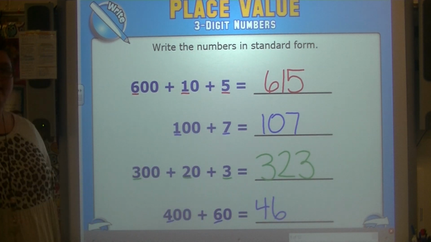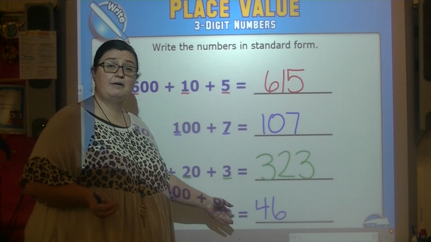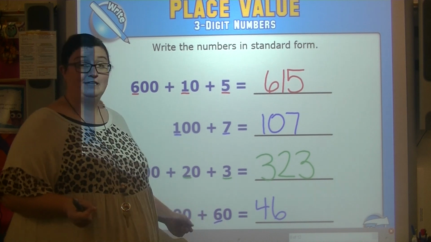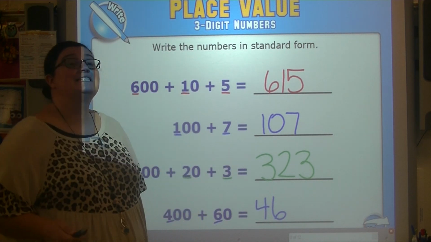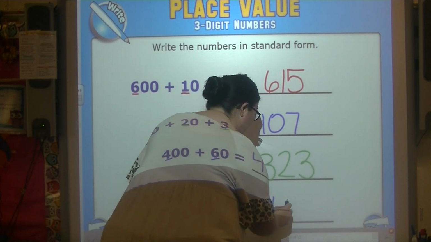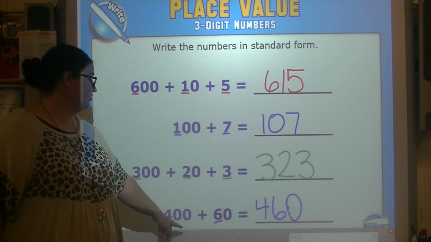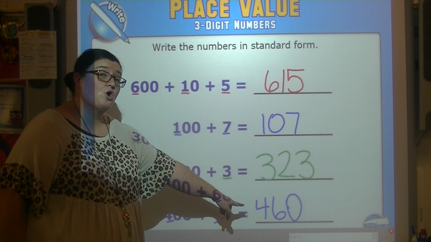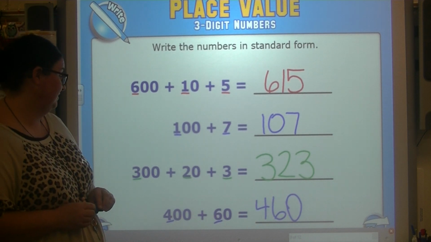Plus how many ones? Do we know? Does the problem tell us how many? There are no ones, right? So what do we need to put in its place? A 0. So 400 plus 60 equals 460.